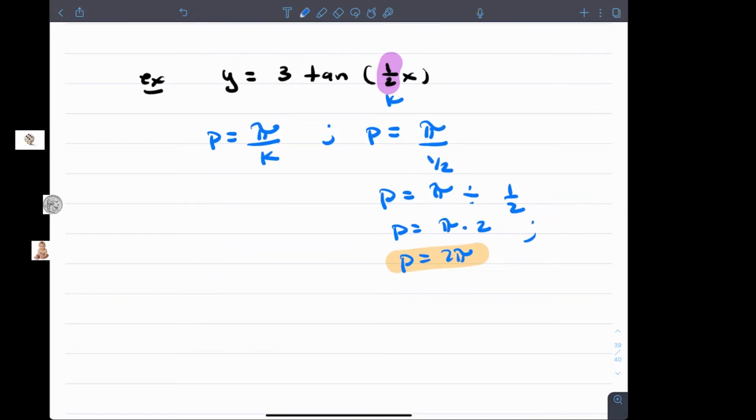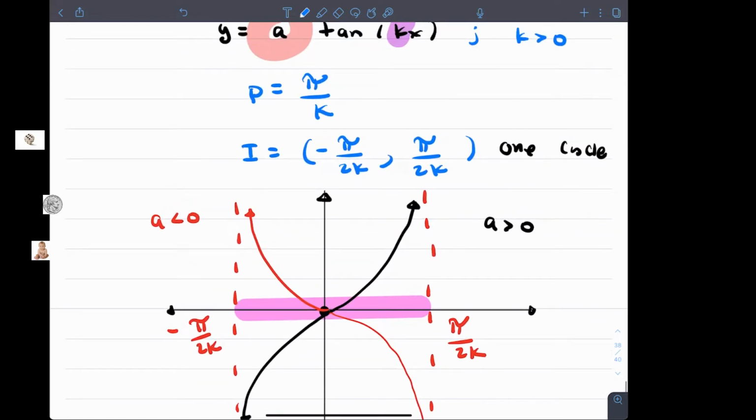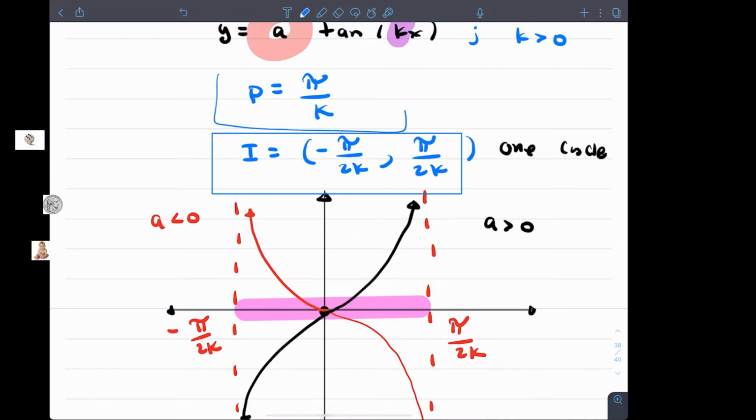What was your interval of one cycle? Be careful, ladies and gentlemen. Is that 2k like that? Isn't that what we said it would be here? Interval of one cycle. Maybe you want to put that in flashcards, put the period and the interval of one cycle.